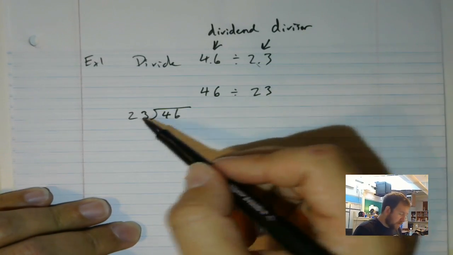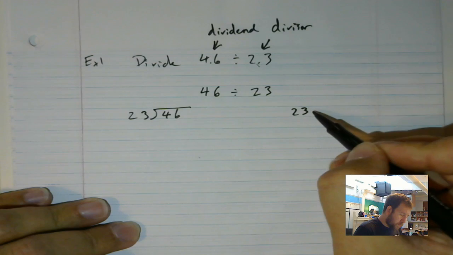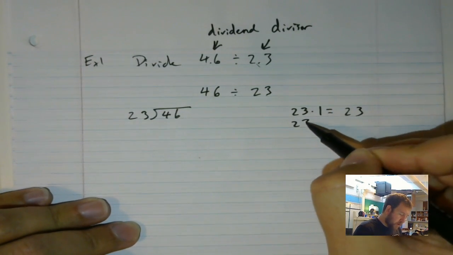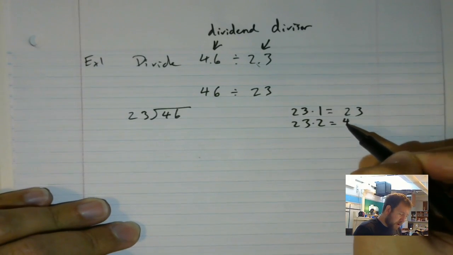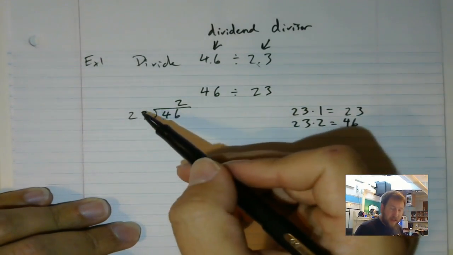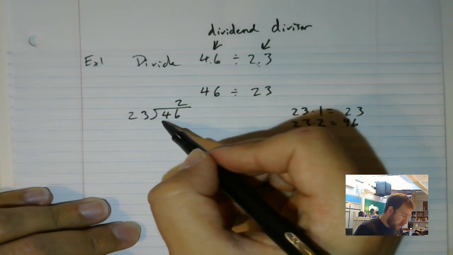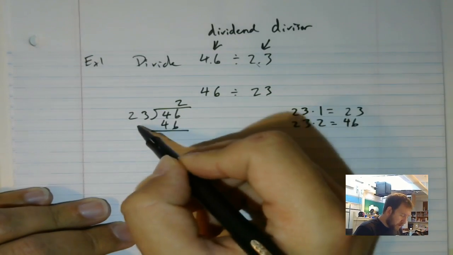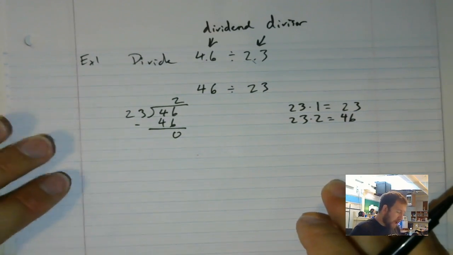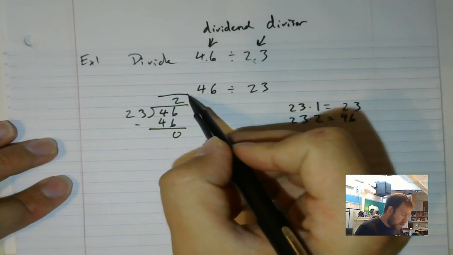And I can test. 23 times 1 is 23. 23 times 2 is 46. Oh, that was easy. It's times 2. And remember, then I can do 23 times 2 is 46. Subtract. Nice. I have 0. That means I'm done. I have found out my answer is 2.